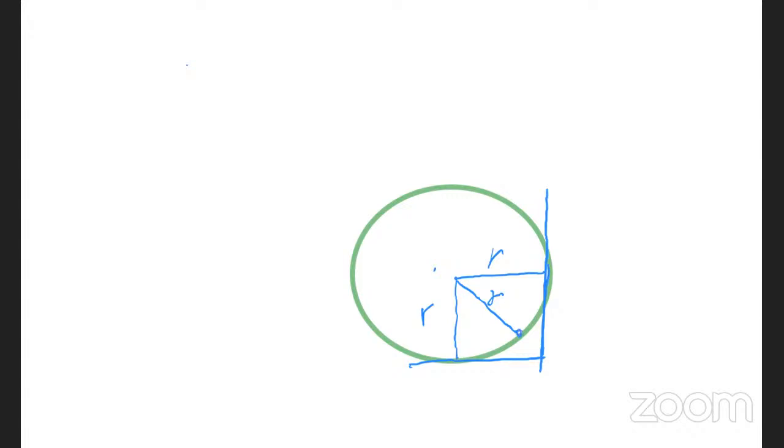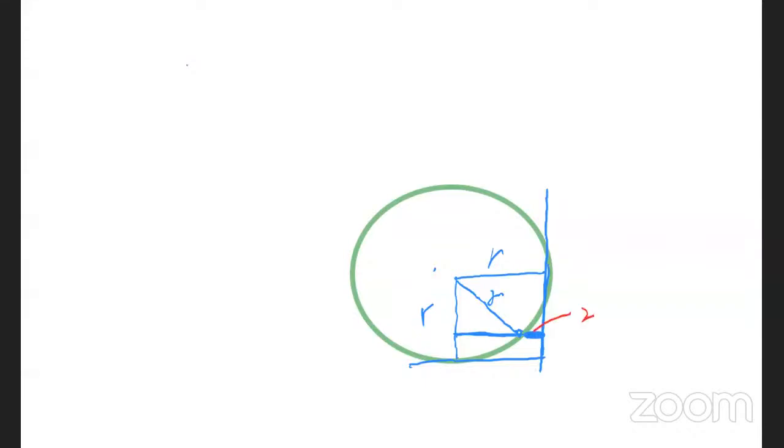Now, if you want to find this line, here to here, our friend said 2 cm from the wall. This is 2 cm.